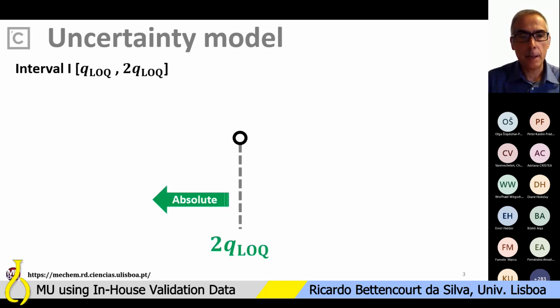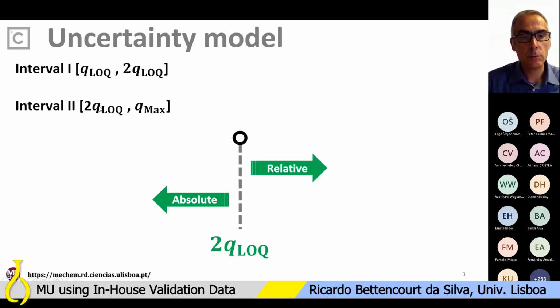In this case, the uncertainty model is divided into intervals: below 2 times the limit of quantification, and above 2 times the limit of quantification, where the performance is expected to be constant in a relative way, while below 2 times the limit of quantification the precision will be constant in an absolute way.